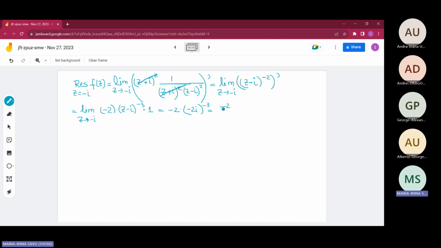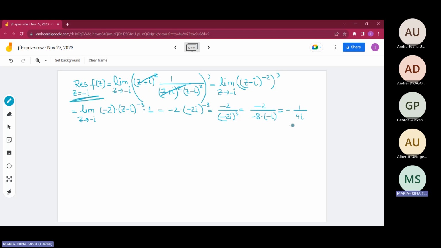So it is minus 2 over minus 2i at the power 3, which is minus 2 over minus 8 times i cubed, but i cubed is minus i. I have a minus from here, so 1 over 4i. And this is the first residue.